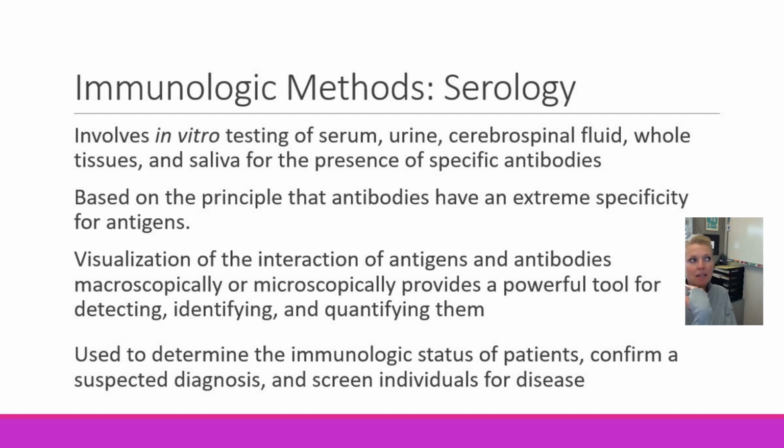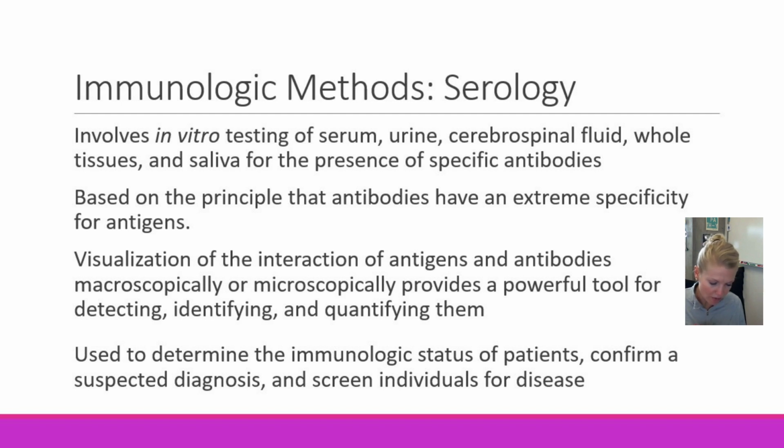So we can create tests that have this antigen in it, and we can look for antibodies that can bind to that antigen. And if that is the case, we can visualize this by attaching something to that antigen. We can attach an enzyme, we can attach a fluorescent protein, we can attach a piece of latex, whatever it might be.